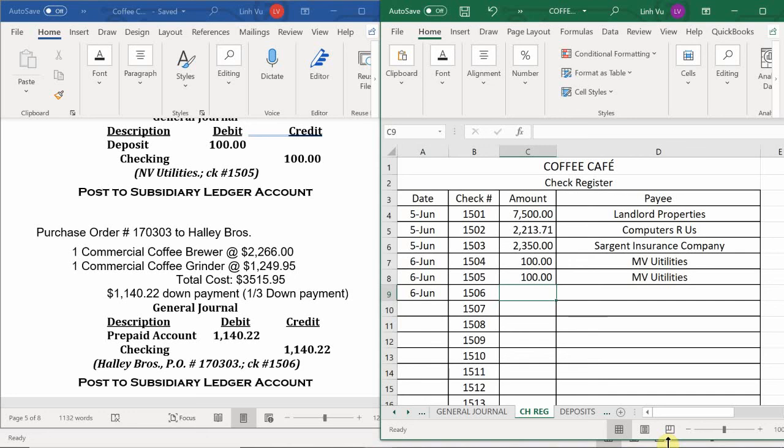Okay. We wrote it out for $1,140.22 to Mr. Haley Bros. Okay.